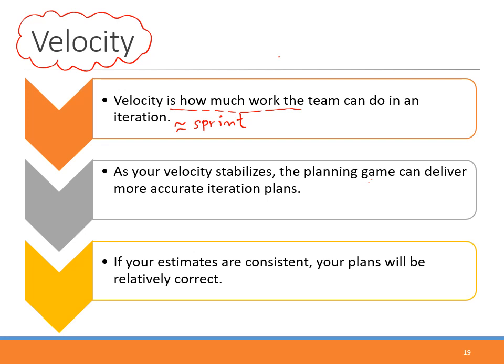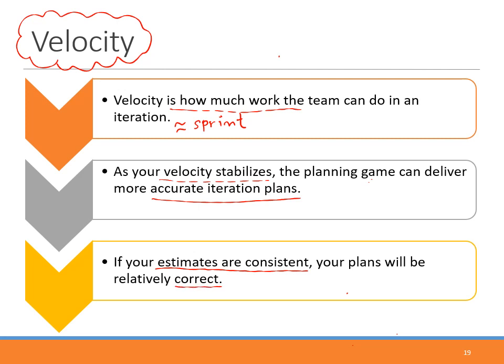So this is what is emphasized here. As your velocity stabilizes, the planning can deliver more accurate iteration plans or sprint plans. And if the estimate is very correct and consistent, your whole plan will be correct.